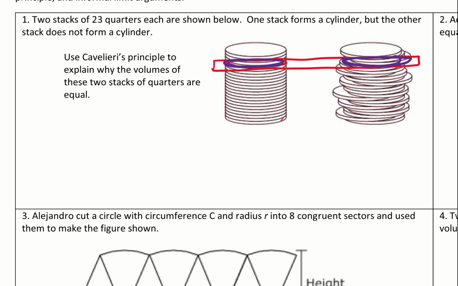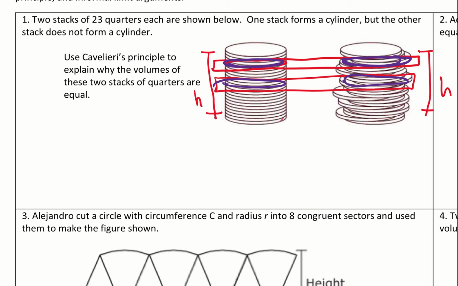So if I do this for every single level, I'm only going to have 1 quarter at a time. Notice that the cross-sectional area does not change as I make this slice. And the areas are always going to be equal in each level, and the heights of these stacks are the same, then that means that the volume must be the same, okay?